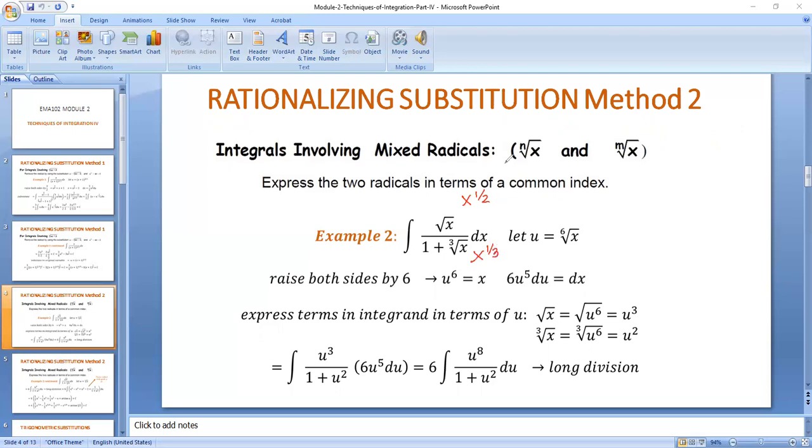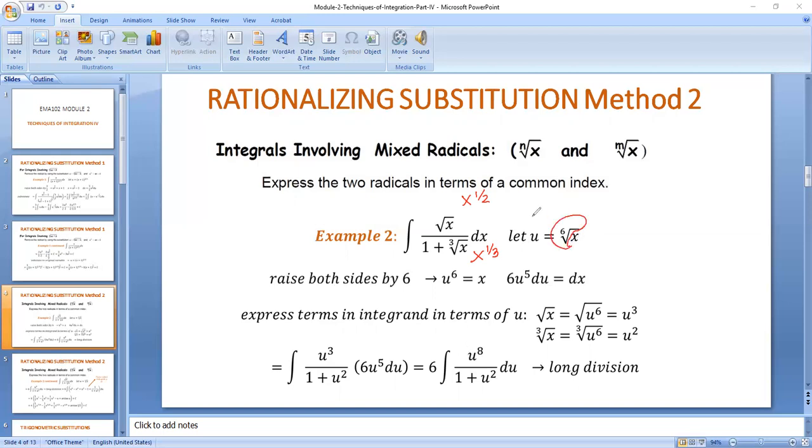So true to what I have mentioned a while ago, you assign a new variable to these nth root expressions, but this time you need to multiply their exponents. So now you have here the 6th root of x assigned to a new variable u. Just like the first method, you will eliminate this one.